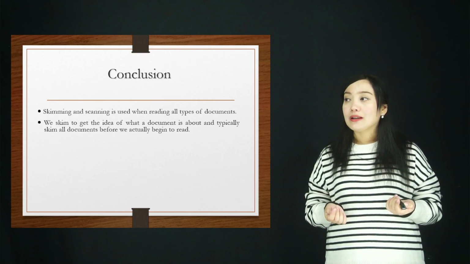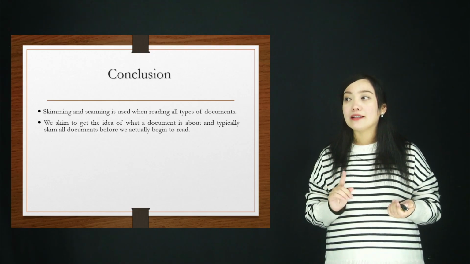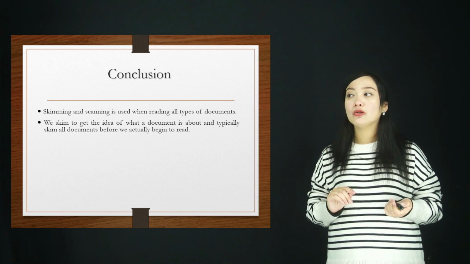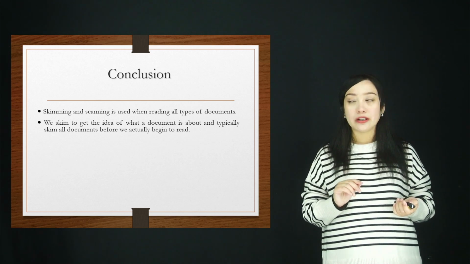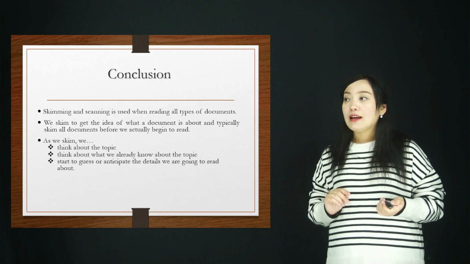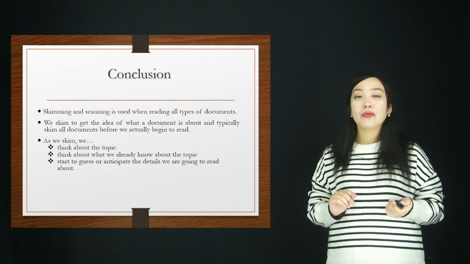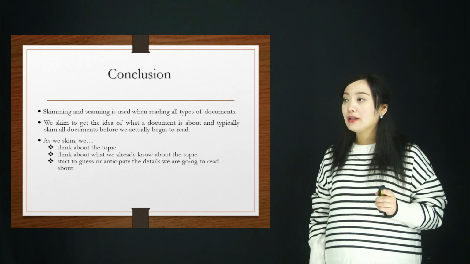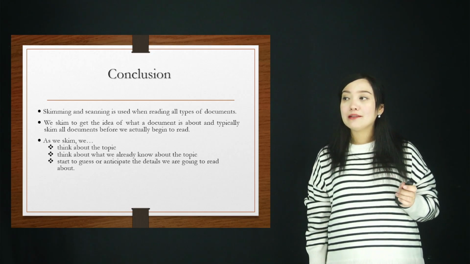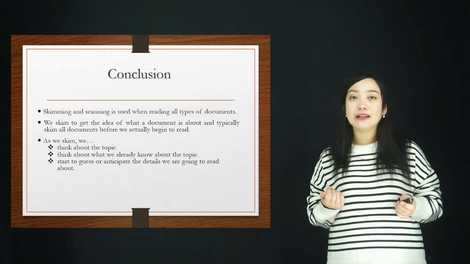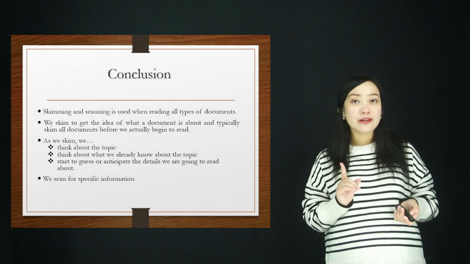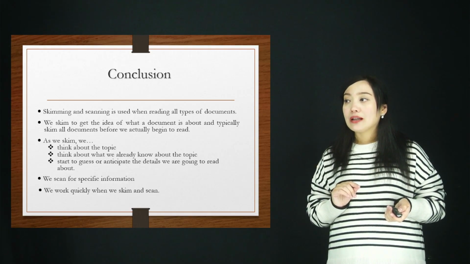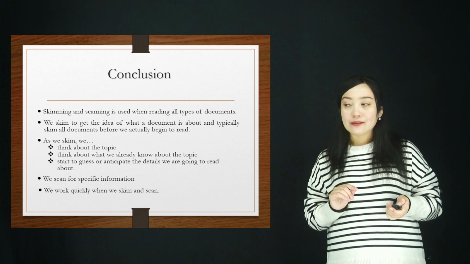The next one is, we skim to get the idea of what a document is about, and typically skim all documents before we actually begin to read. As we skim, we think about the topic, think about what we already know about the topic, and start to guess or anticipate the details we are going to read about. We scan for specific information. We work quickly when we skim and scan.